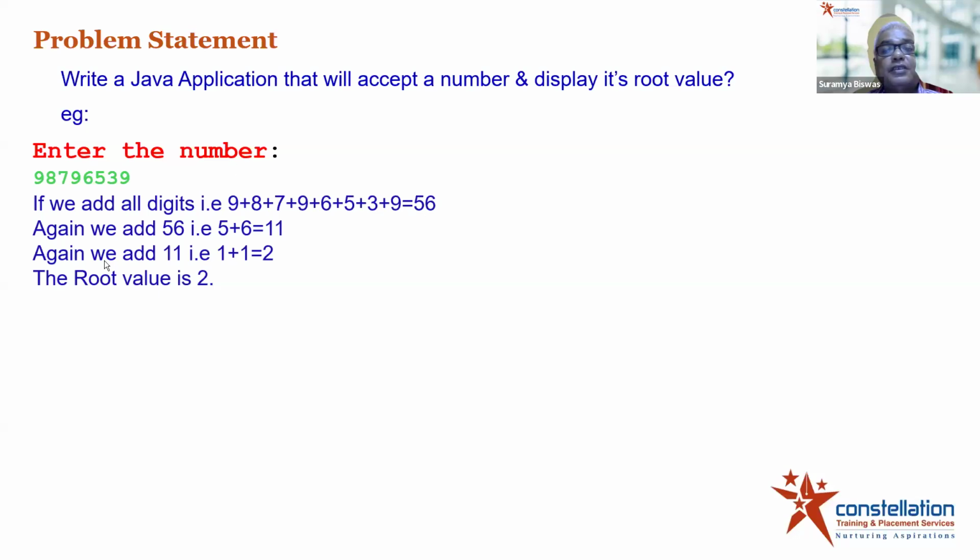But since 56 is not a single-digit value, we again add 5 and 6 and reach 11. Again, 11 is not a single-digit value, so we add 1 plus 1 and ultimately reach 2. Now we have a single-digit value. This is called the root value of this number. So we have to accept any number and find the root value.